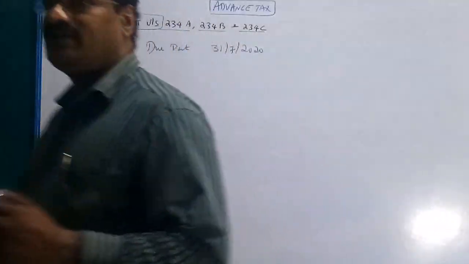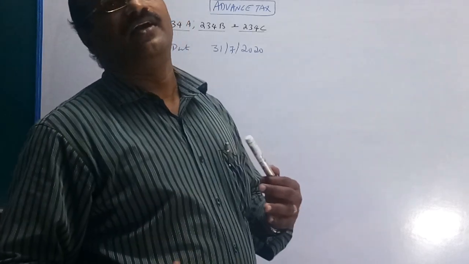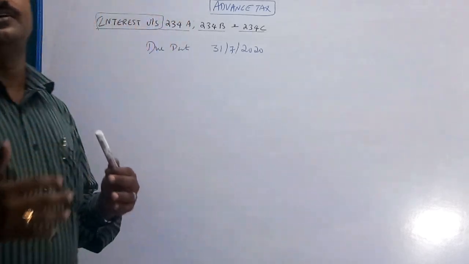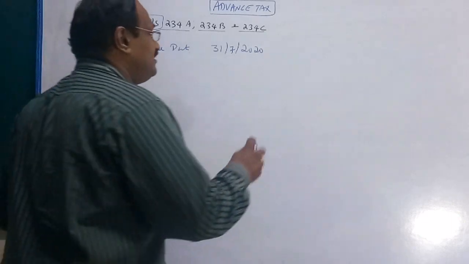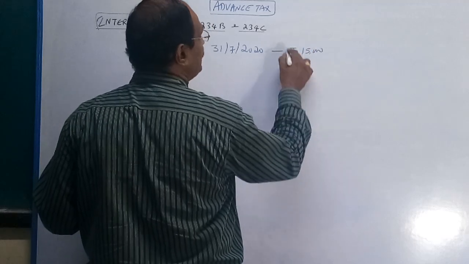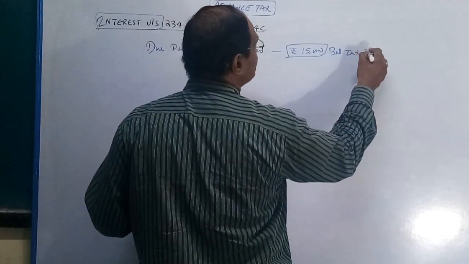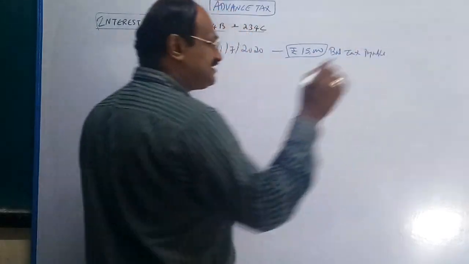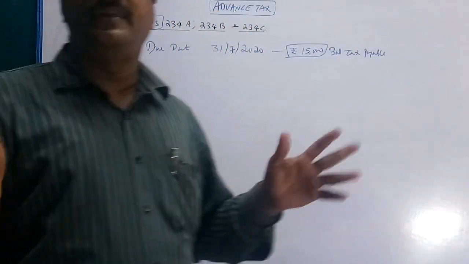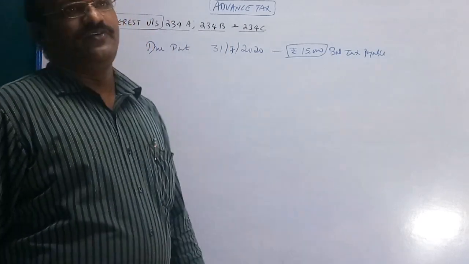Okay, so your computation of tax liability after adjusting TDS and after adjusting advance tax, still there is a liability of say 15,000. Balance tax payable after adjusting everything, TDS, advance tax, etc., final tax payable 15,000.